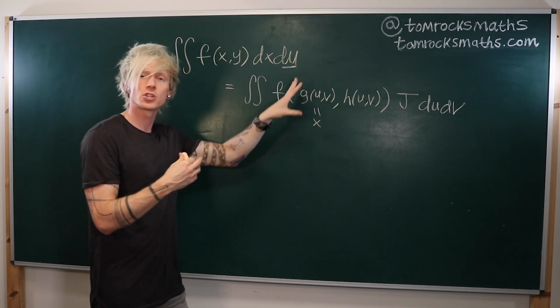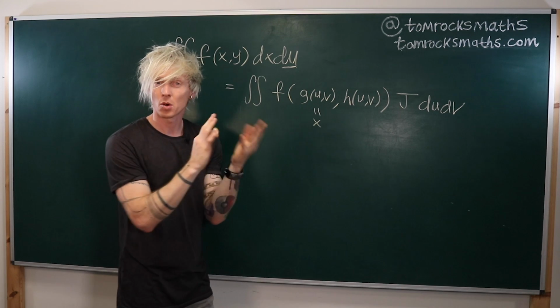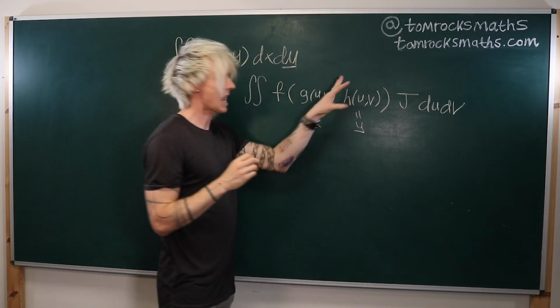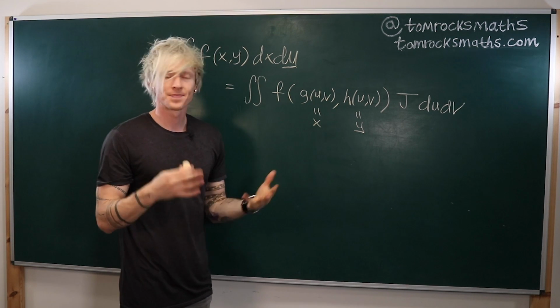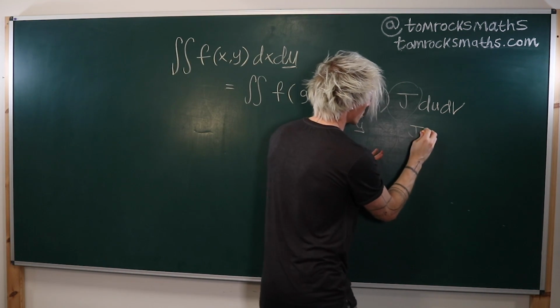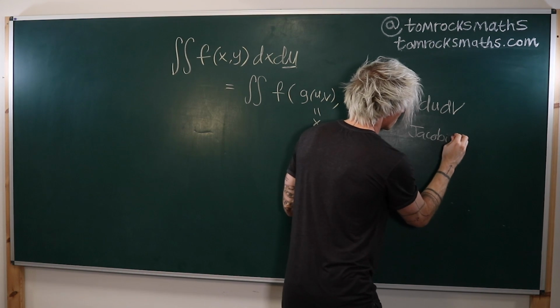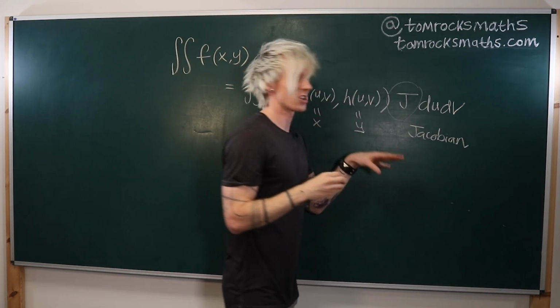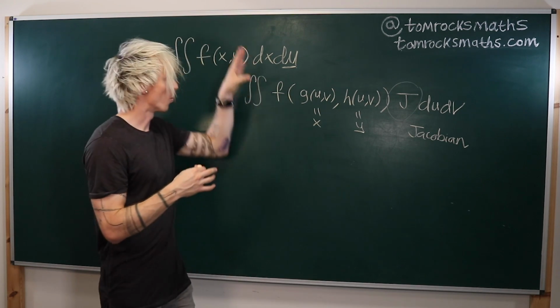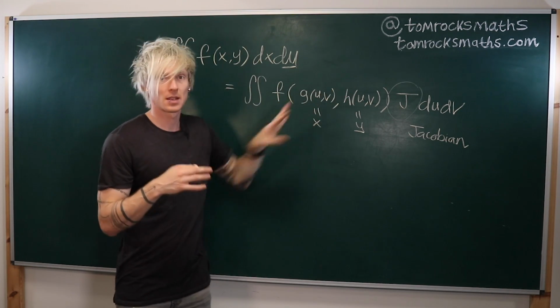So that's the relationship between the coordinates. And y similarly is given by some function h of u and v. And of course I've included J here. This is our Jacobian, which remember is our scaling factor or our stretch factor for the change in area when we switch from xy to uv.